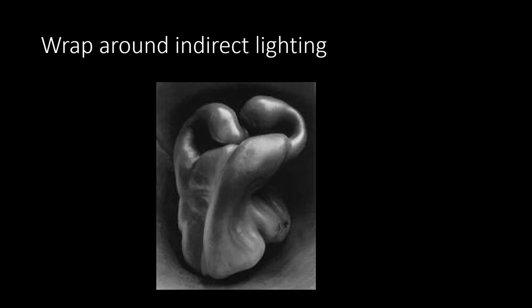Our last kind of lighting is wraparound or indirect light. This is the type of picture that when you see it in an art gallery, you feel like you could almost reach into the picture and wrap your hands around the object and feel mass and volume.